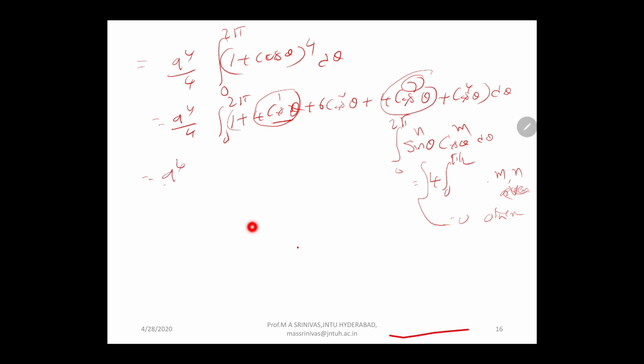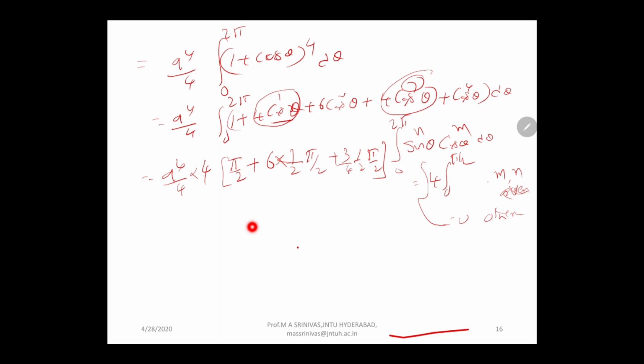So a power 4 by 4, 4 times the integral from 0 to pi by 2. The integral of 1 is theta, so substituting the limits that is pi by 2, plus 6 into cos square theta, which is 1 by 2 into pi by 2, plus cos power 4, which is 3 by 4 into 1 by 2 into pi by 2.